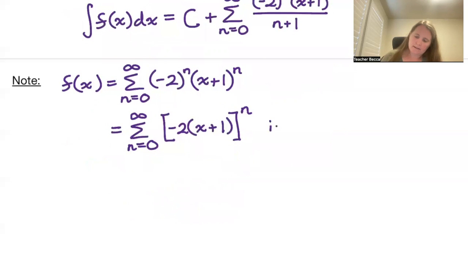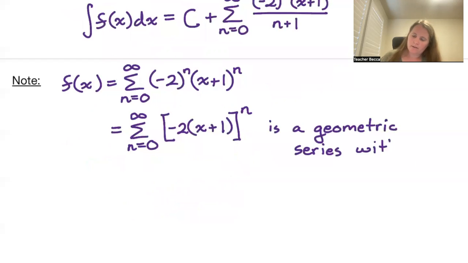And so this is a geometric series with our lowercase r being -2 times (x plus 1).